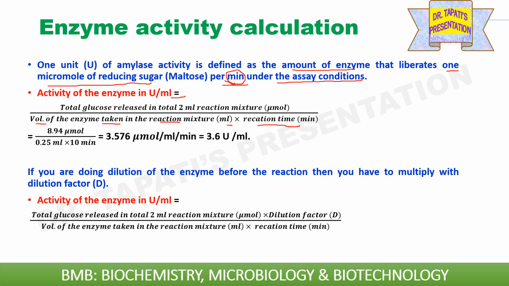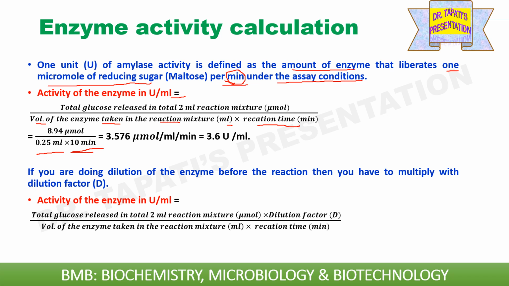If we put those values, then we will get 8.94 micromole for the total maltose released in the total 2 ml reaction mixture, divided by 0.25 ml, that is the volume of enzyme taken in the reaction mixture, and we are then dividing by 10 minutes because the incubation period was 10 minutes.